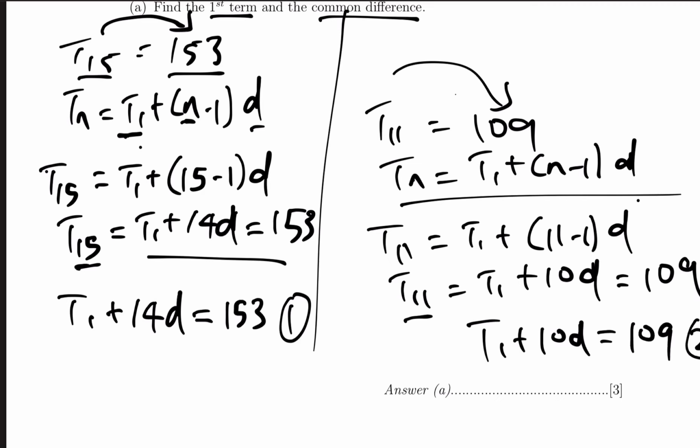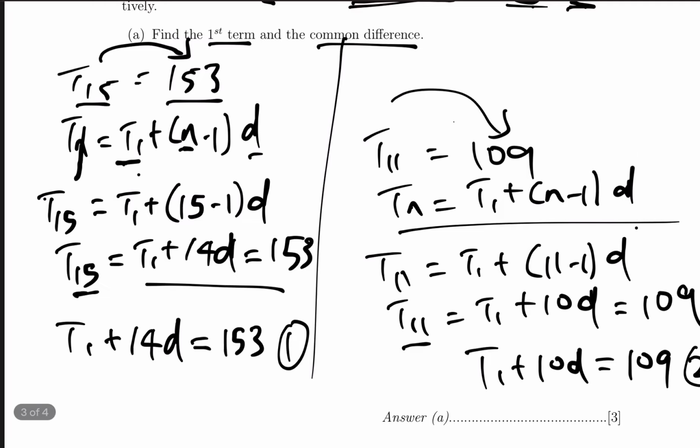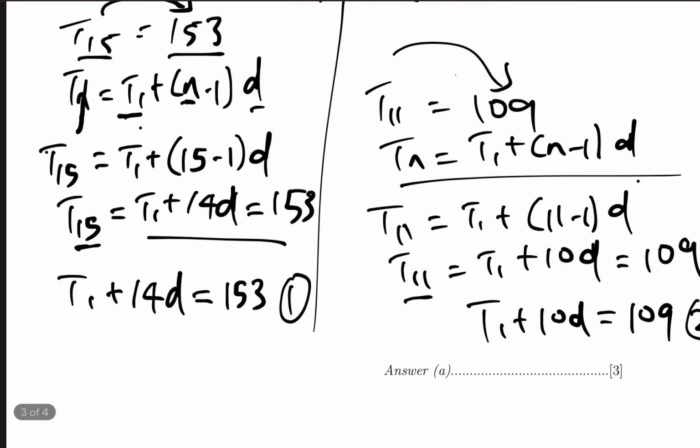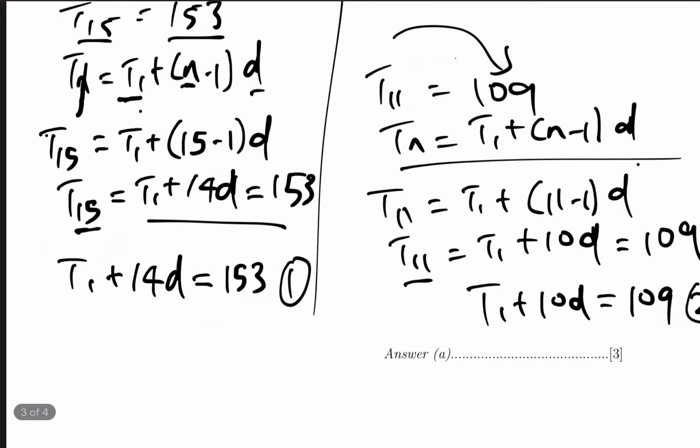That's our second equation. Okay, so I think now we can see that the information that they gave us here, we've used to establish these two equations, this one and this one.